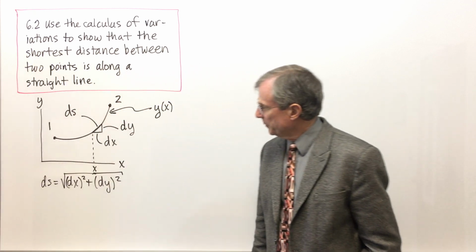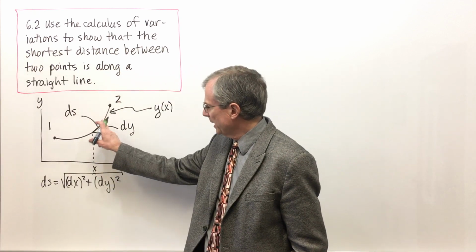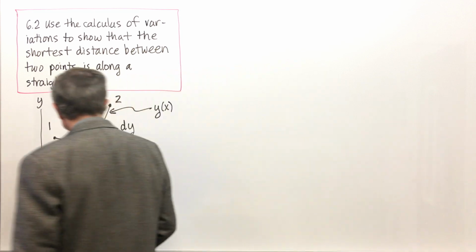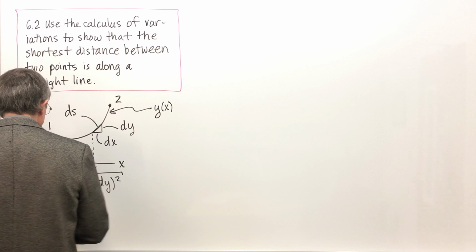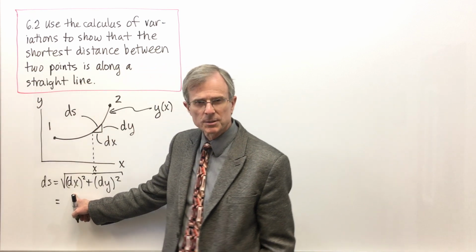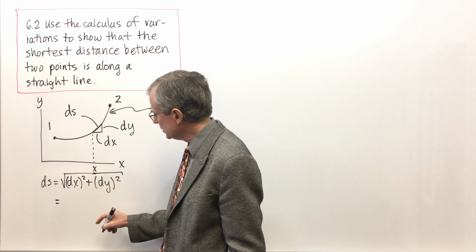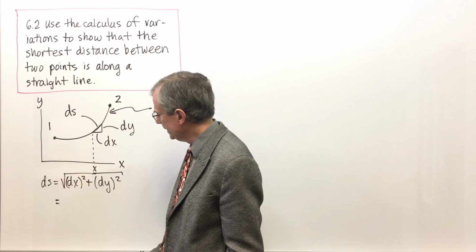I think you'd all agree with that. We use the Pythagorean theorem to find that hypotenuse distance. Let me rewrite that by factoring out a dx squared underneath the square root. Factor out that dx squared, and then, well, let me do it.